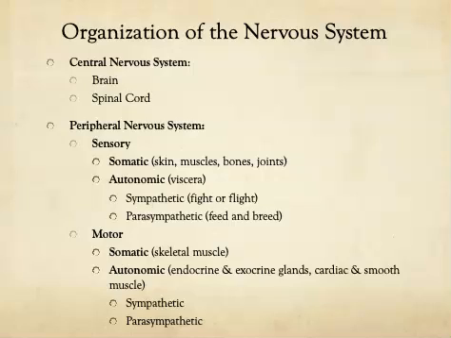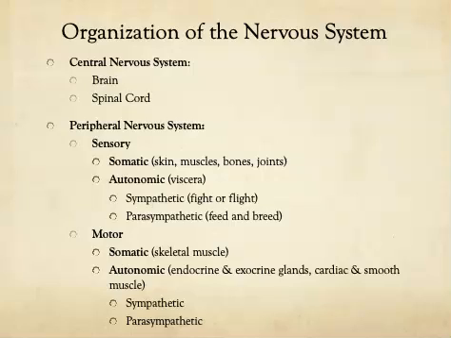The autonomic branch is the involuntary branch. These nerves tend to influence primarily the viscera. So they're carrying sensory information from the different internal organs towards the central nervous system.